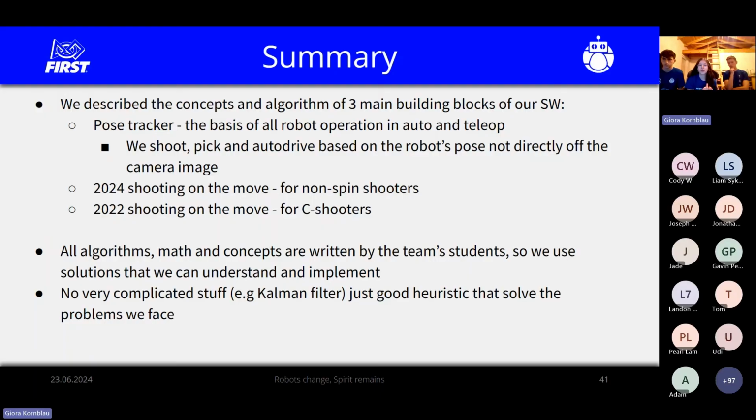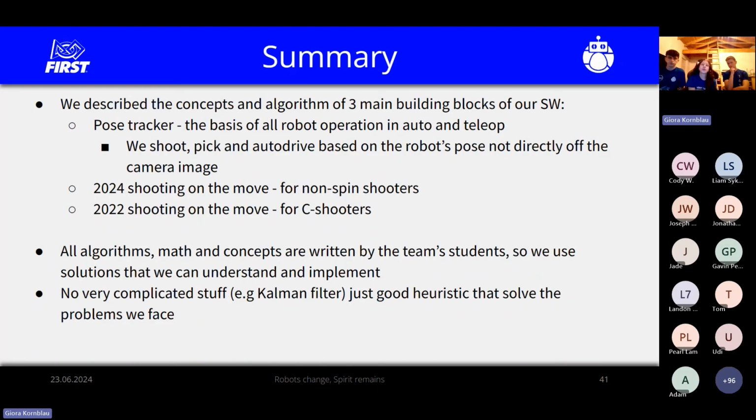And also 2 ways of calculating things for shooting on the move, for non-spin shooters like in 2024, and for shooters with changing spin like in 2022. And of course, needless to say, all algorithm and math concepts are written by the team students. 2022, the students back then, 2024, it was us.